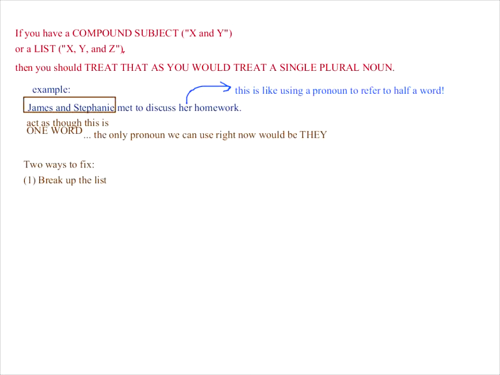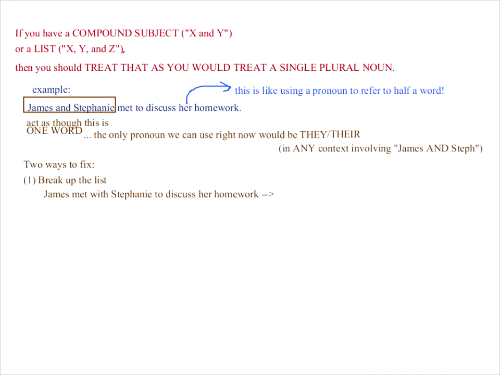This is okay. Or there. Yeah, I mean, I'm not saying we can use it in this context. I'm just saying in any context involving James and Stephanie. So not just this one context.